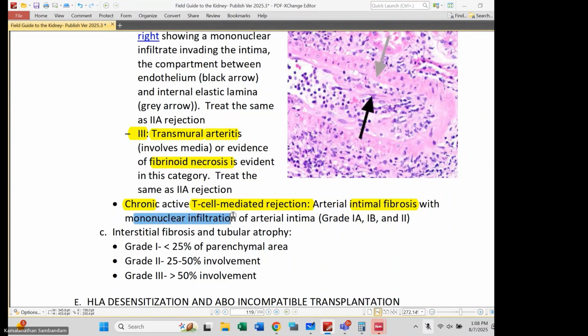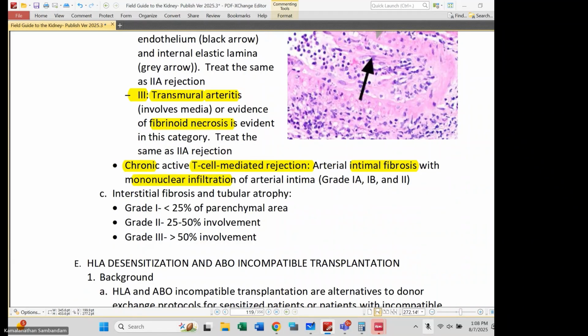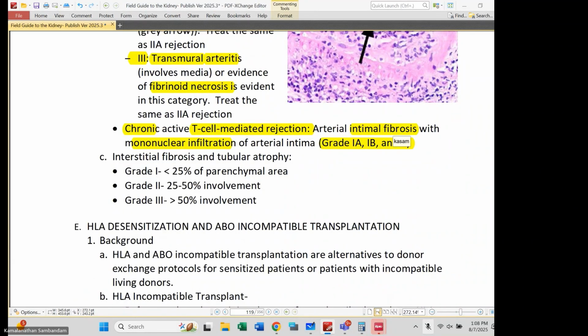I'll tend to see some infiltrate, not just bland fibrosis like hypertension you might see, or chronic CNI toxicity. When I see inflammation plus that intimal fibrosis, then I'm making this chronic T cell rejection. And there's a grading scale. I don't have it memorized. You won't be asked it.